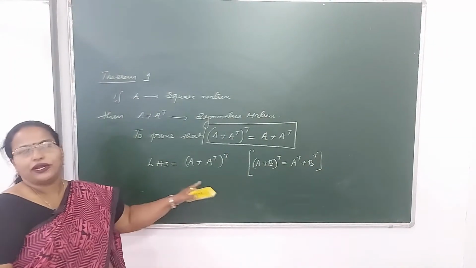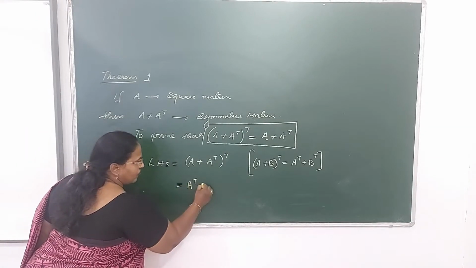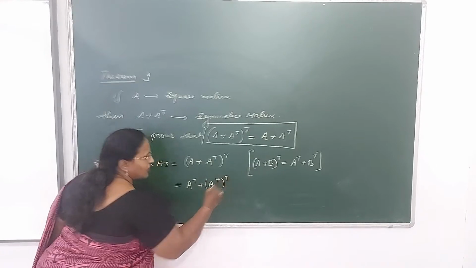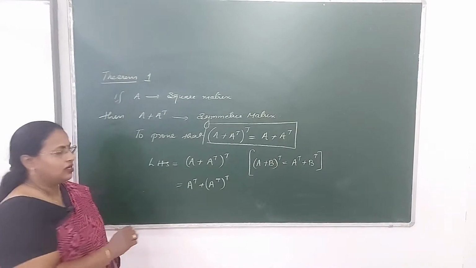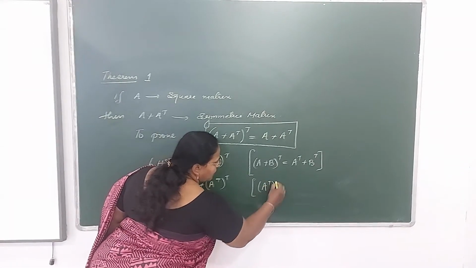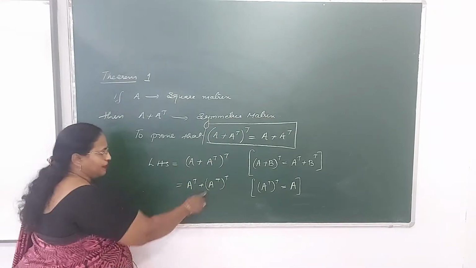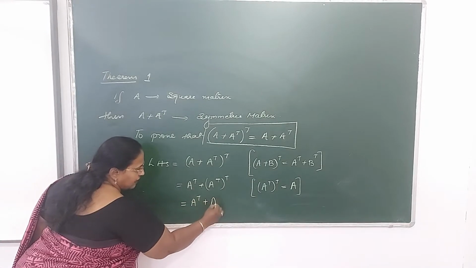So the same property will apply here. So this will give A transpose plus A transpose whole transpose. Now again let us apply a property. Now you know that A transpose whole transpose is A. So replacing here, this will give A transpose plus A.